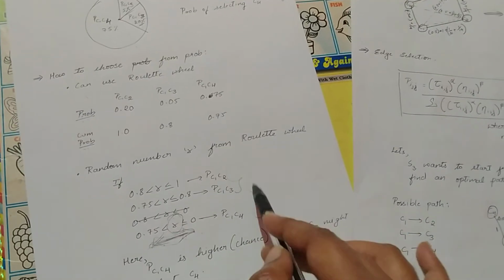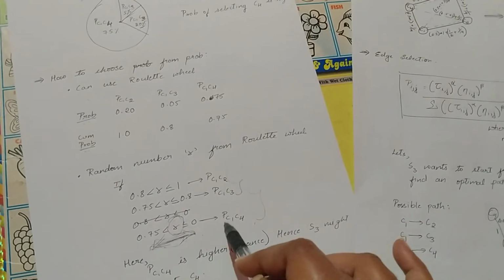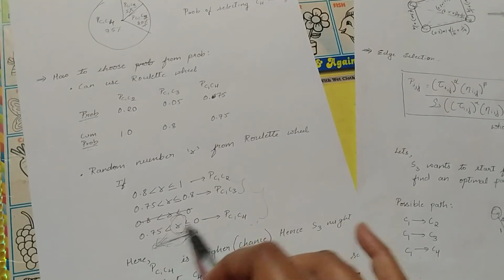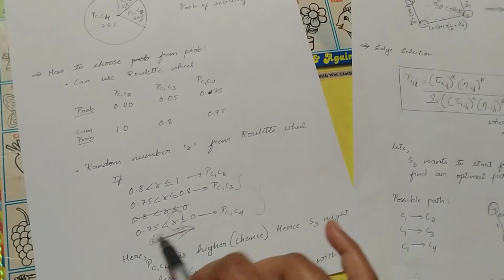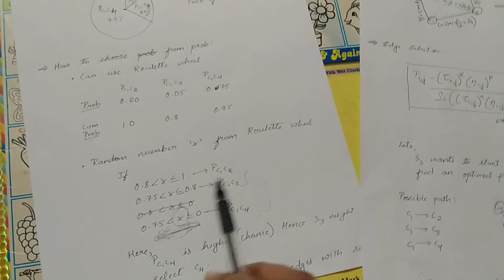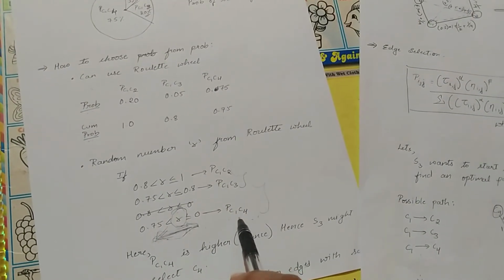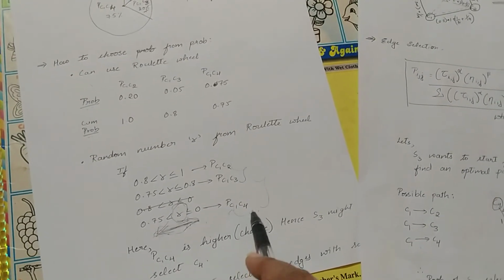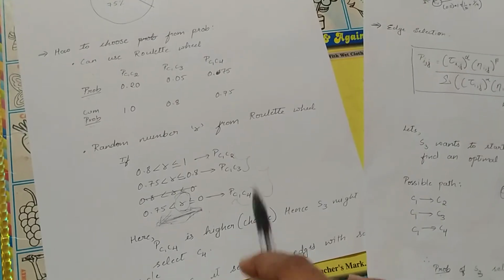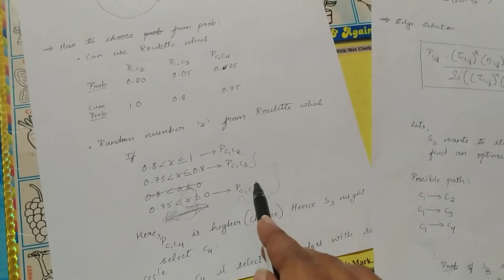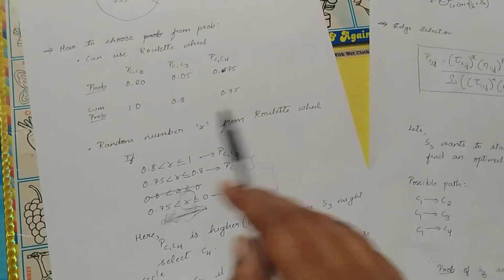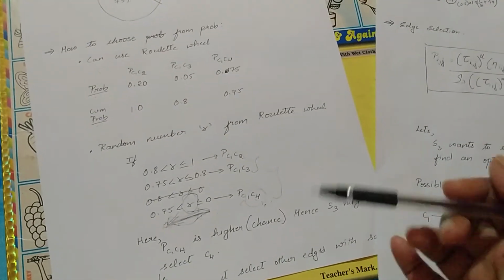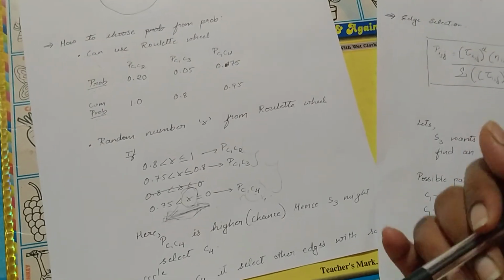Hence there is a high chance that S3 will select C1 and C4, because most of the random numbers might lie in this range, as it has a huge range. So there is a high chance of selecting C4 from C1, and the third ant will select C4. Once it selects C4, it goes through a similar process for selecting the further ones. So this gives an optimal solution.